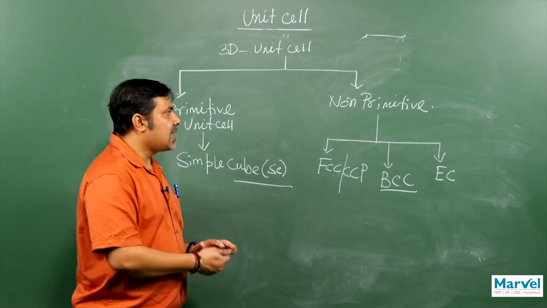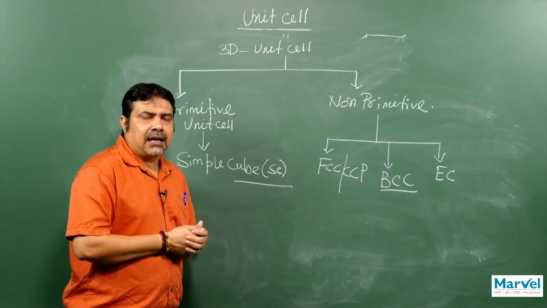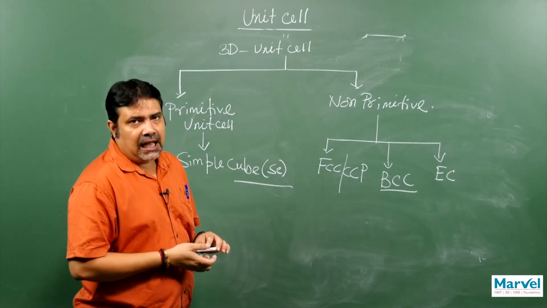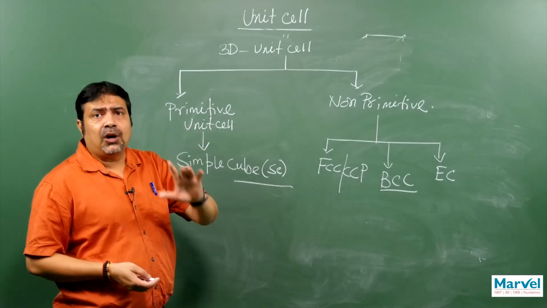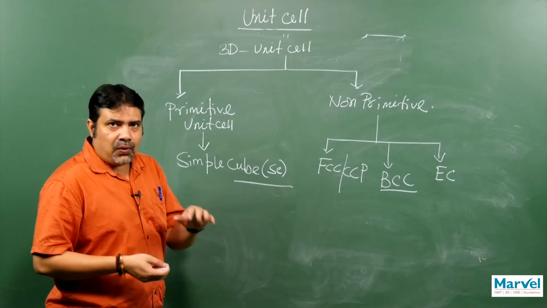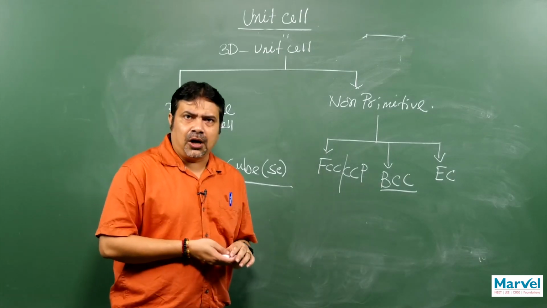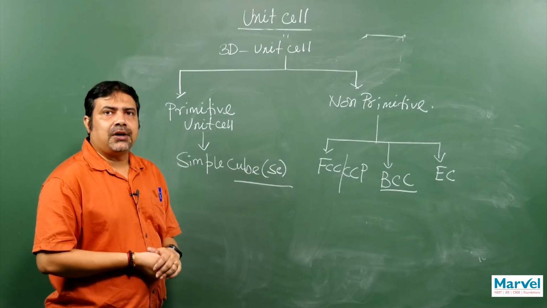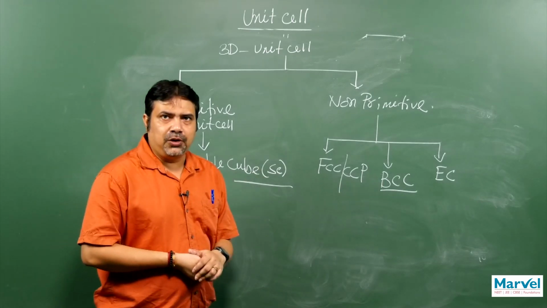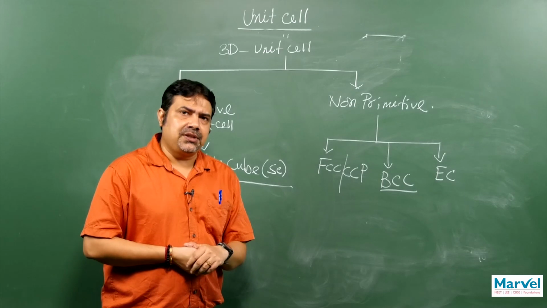I hope you understand these things. In the next class we will continue with the simple cubical system: the position of atoms, the effective number of atoms, all those things, and then we will proceed accordingly. I hope it is clear to everyone. Thank you very much.